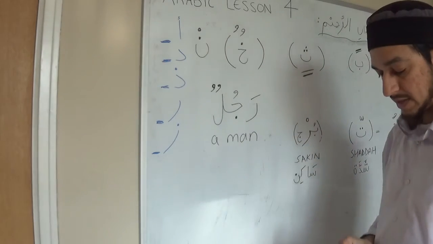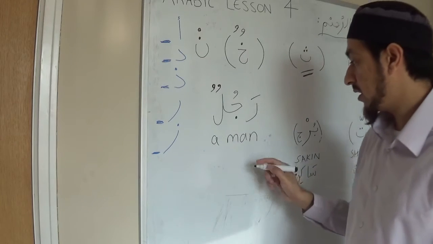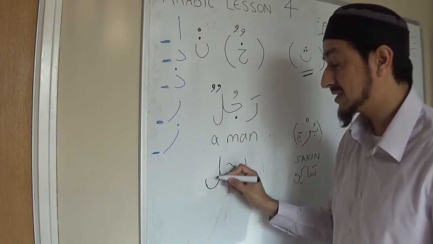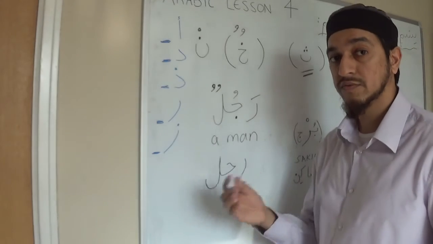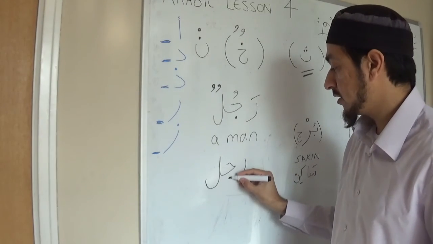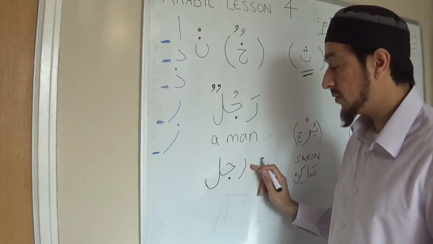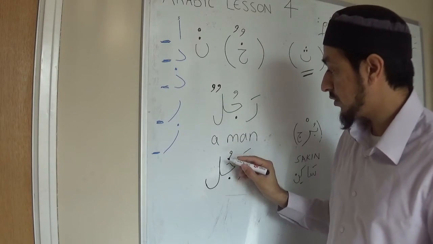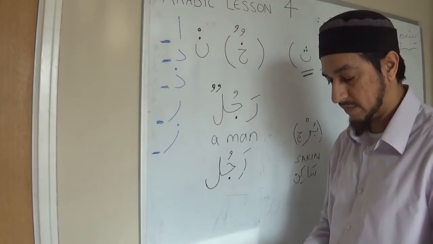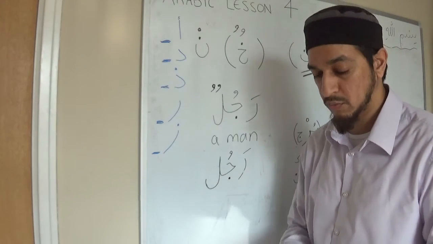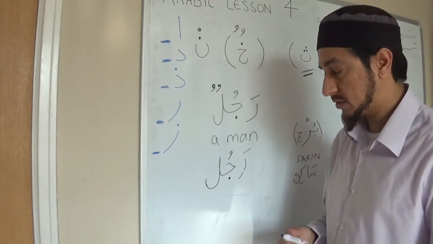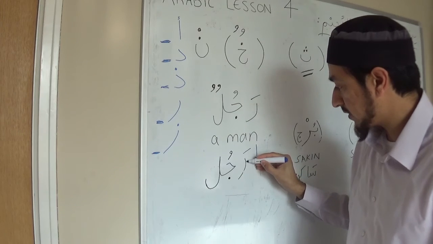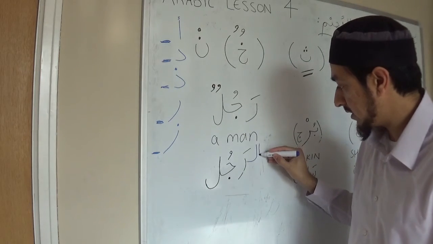And when I said last time, I introduced alif lam, the huruf shamsiya and huruf qamariya, the sun and moon letters. Ra is from the shamsiya ones, so we're going to merge into it. So let's show you how it changes with alif lam. We'll concentrate more on this as we're making sentences later on, but just to bring it in now. In one of the lessons previously, we added alif lam.